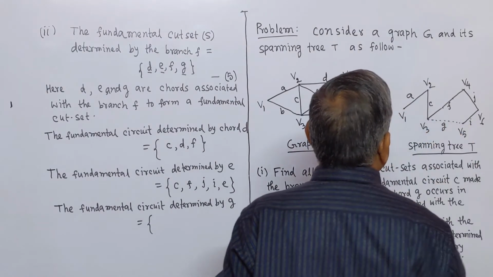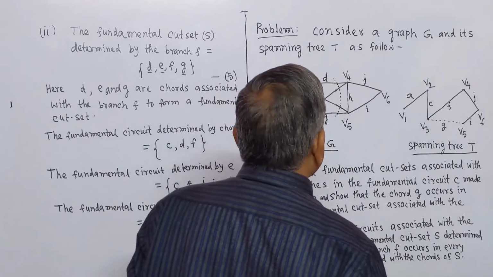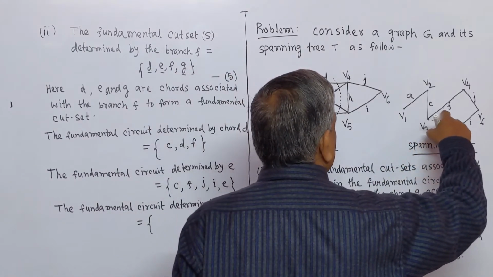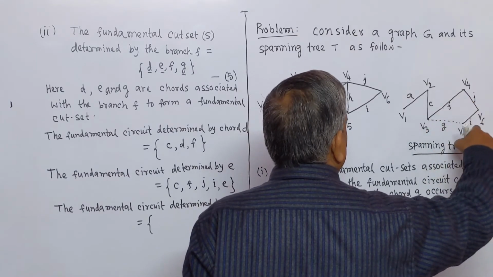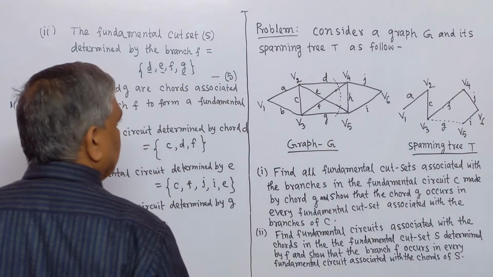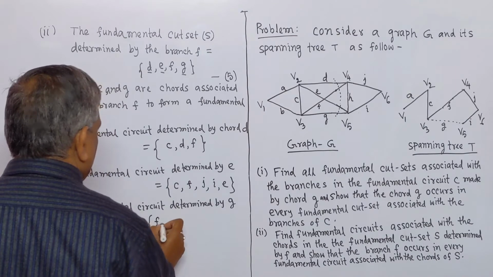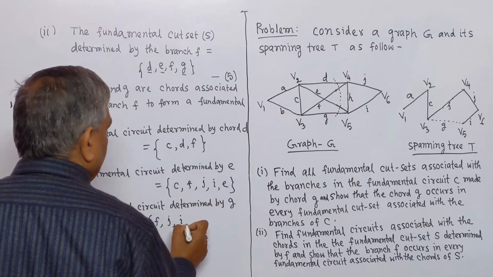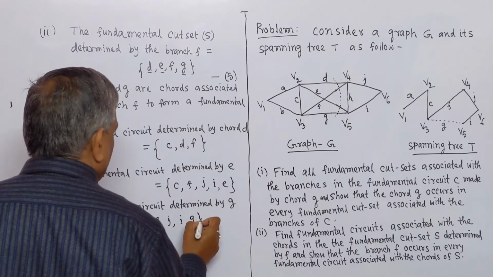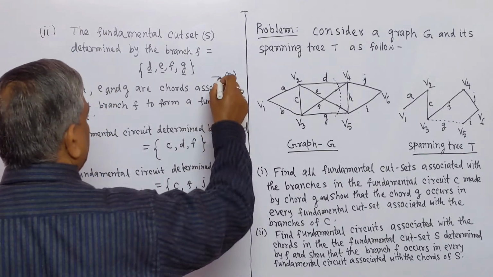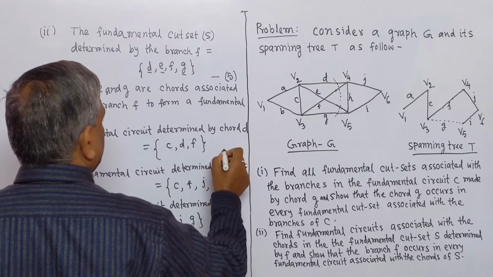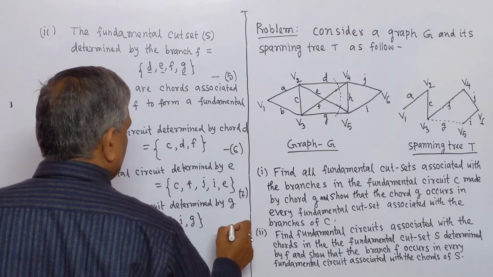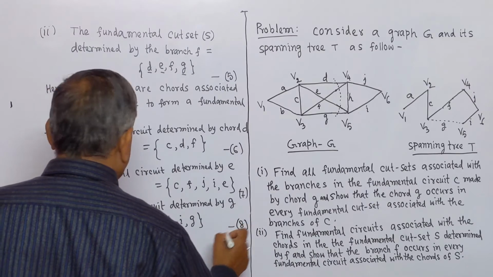This is G. So here we get the fundamental circuit FJIG. This is number 5, this is number 6, this is number 7, and this is number 8.